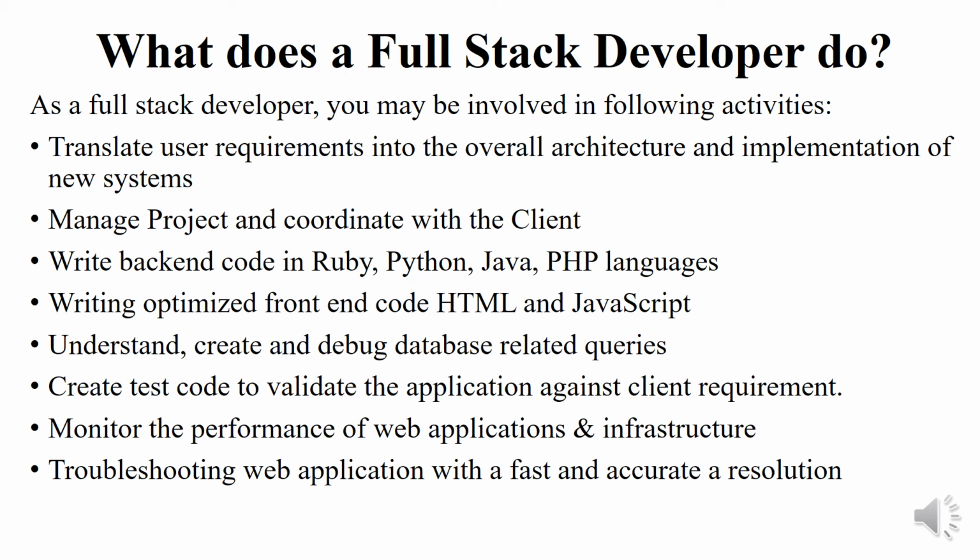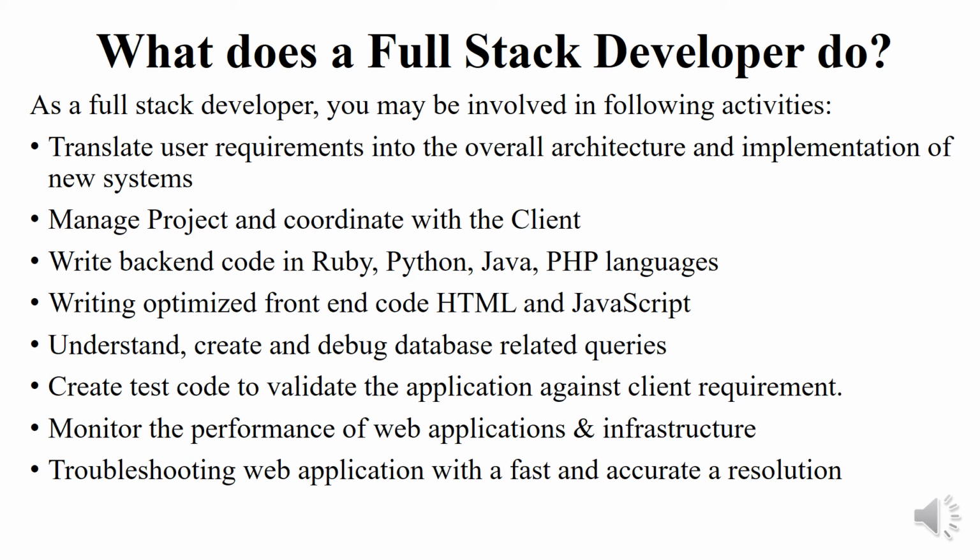Being a full stack developer, they are involved in different activities such as translating user requirements into the overall architecture and implementation of new systems. Full stack developers manage projects and coordinate with the client. They write backend code in Ruby, Python, Java, or PHP. So it's not all, either one. They write optimized front end code in HTML or JavaScript.